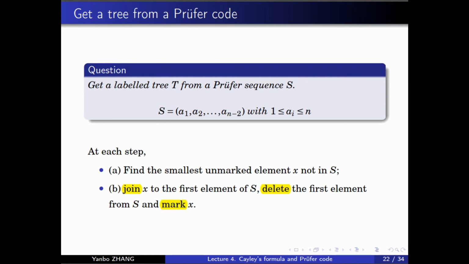We will continue this process until there is no element in S, until S is an empty set. There will be only 2 unmarked elements. What we do is join these 2 elements via an edge. I will prove in the next section that the graph we have built is the labeled tree we want to get.